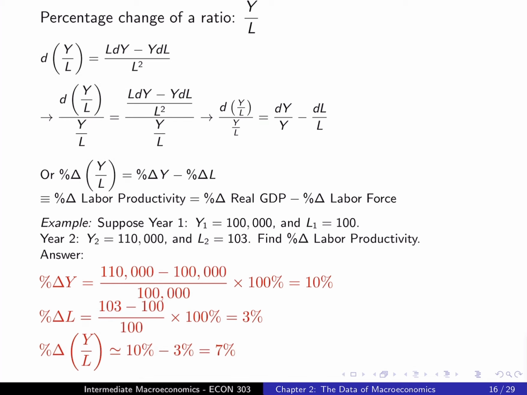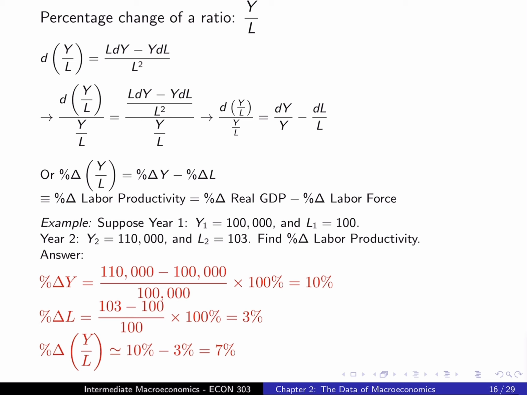For example, year 1, Y1 equals 100,000, L1 equals 100. Year 2, Y2 equals 110,000, L2 equals 103. The question asks, find the percentage change in labor productivity. First, calculate percentage change in real GDP. That is, percentage change in Y equals (110,000 minus 100,000) over 100,000 times 100%.